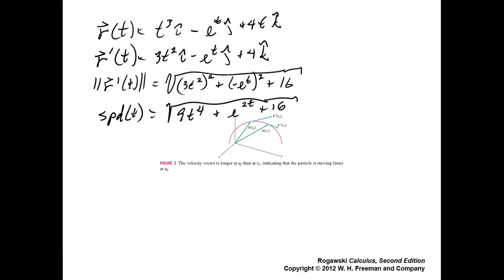And what are we looking for? What it is at 2 seconds. So the speed at 2 seconds would then be the square root of 9 times 16 plus e to the fourth plus 16.